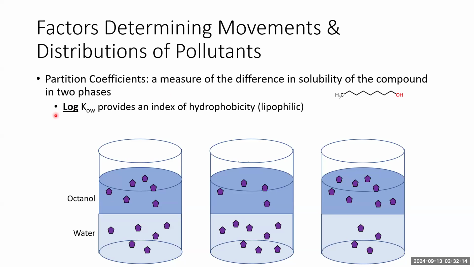KOW gets defined by how a particular substance will organize itself between two different liquids, particularly water and octanol. So the OW in KOW stands for octanol and water. So it's the partition coefficient between octanol and water.